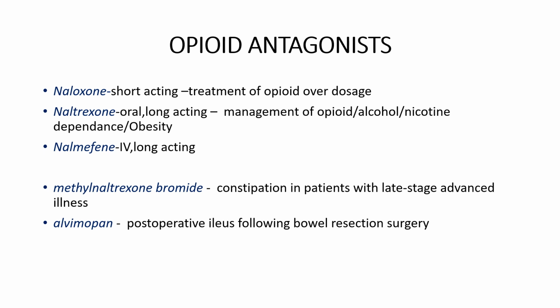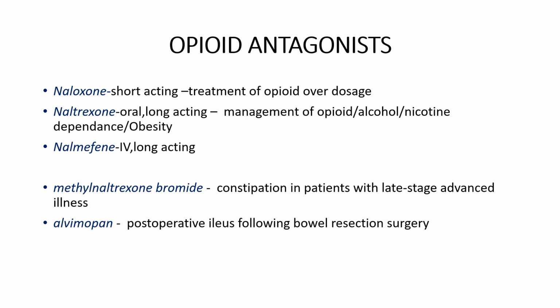It is used in the management of dependence because of its longer action, in patients who are detoxified from opioid addiction, to maintain abstinence. Similarly, it is used in the management of alcohol and nicotine dependence as well, and also in the management of obesity in weight loss programs.